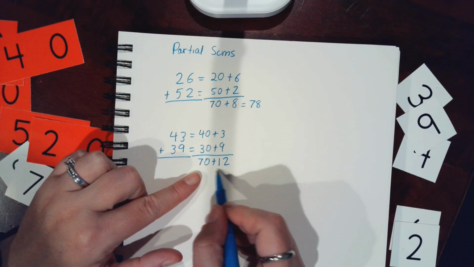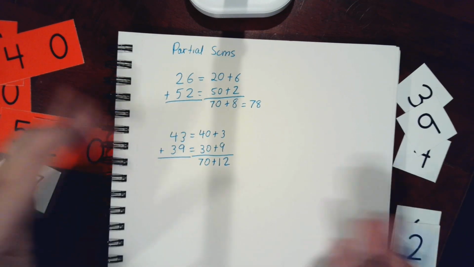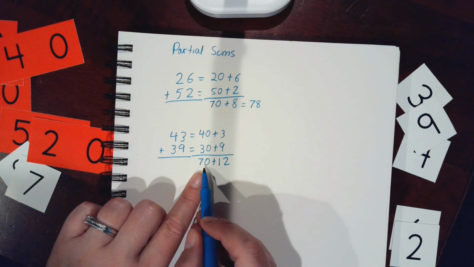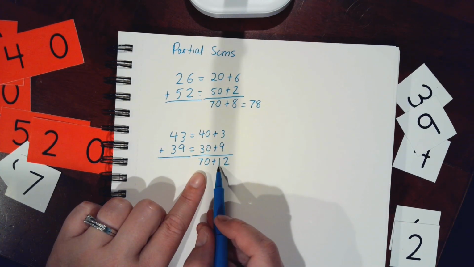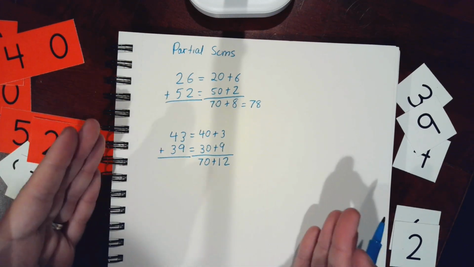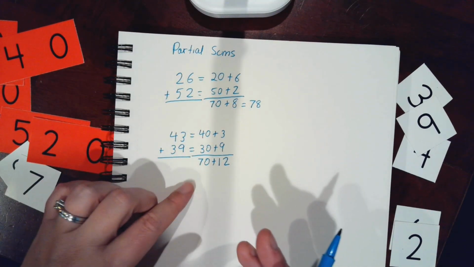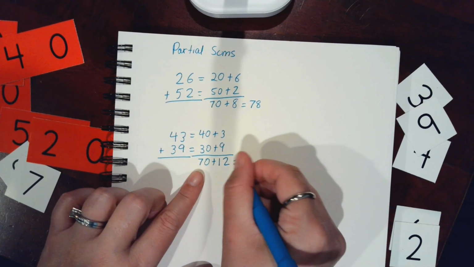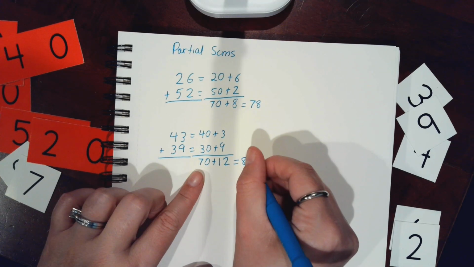Well, I have 12 here, right? But when I combine my numbers together, right here I have 70. I have to add another 10, which would get me to 80, and then I have 2 more. So I'm still going to combine those together like I did up here, but having that 70 would take me to 80, then I would be at 82.